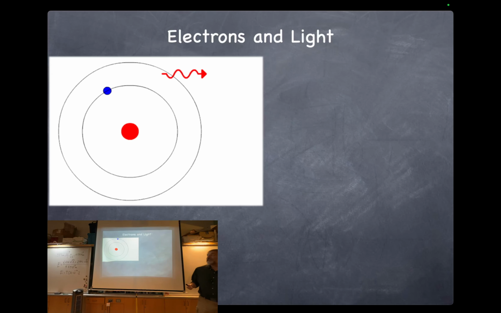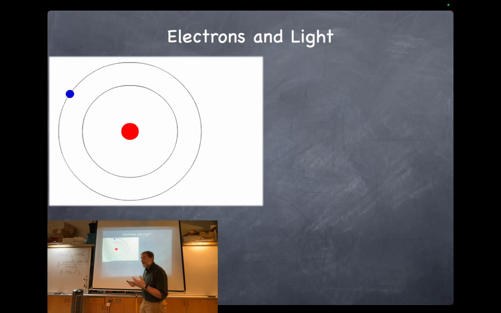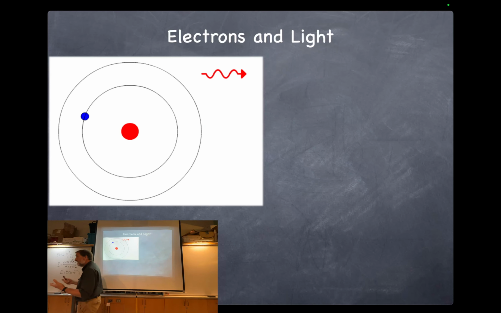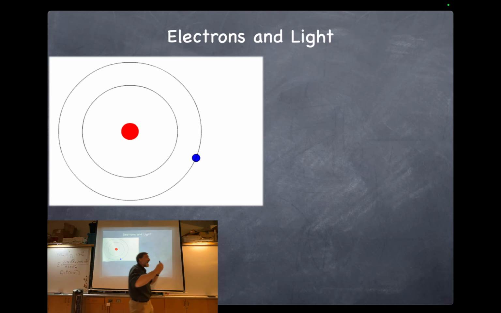The only way you can get this very specific pattern of only certain energies is if the electrons cannot have any energy. They can't be in any kind of orbit. It can't just be random. They have to have very specific energy levels inside the atom.